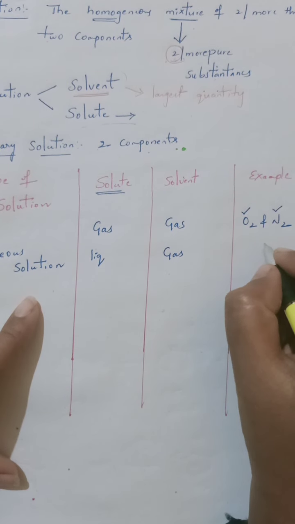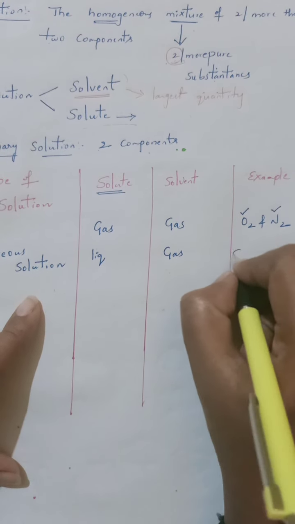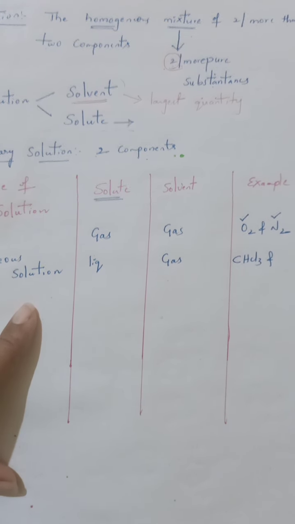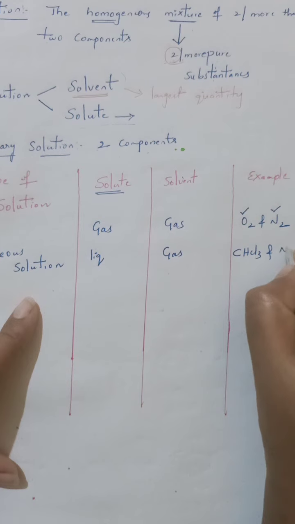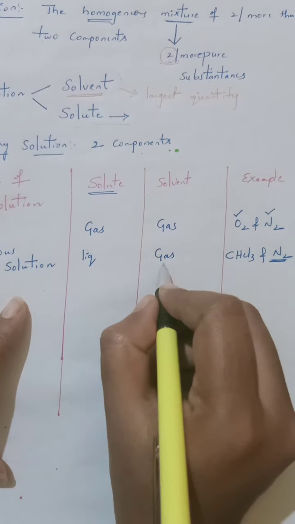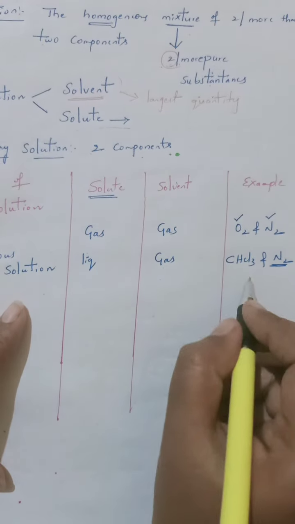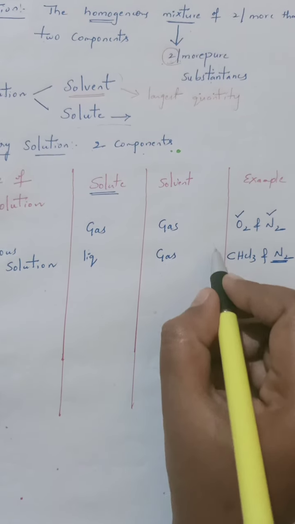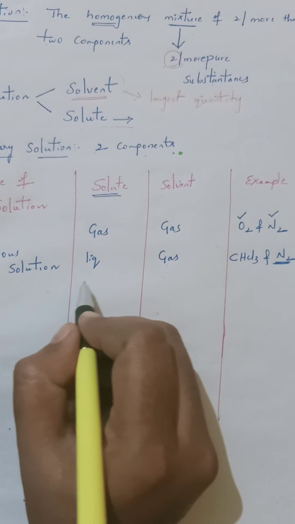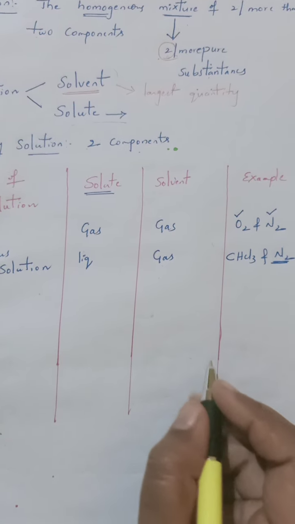An example for this is chloroform, CHCl3, which is present in nitrogen gas. Nitrogen is in gaseous state, that is the solvent, and the solute here is chloroform. So liquid is mixed with gas. This is an example of a gaseous solution in which the solute is in liquid state.